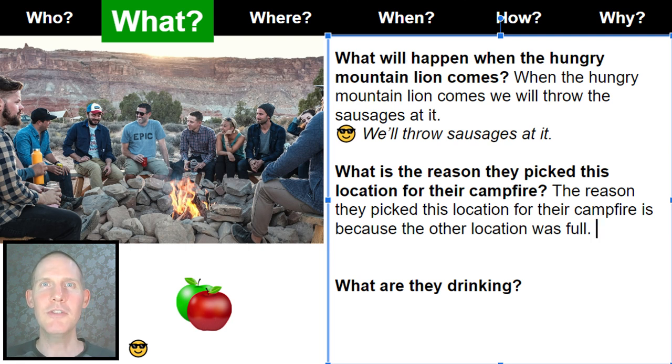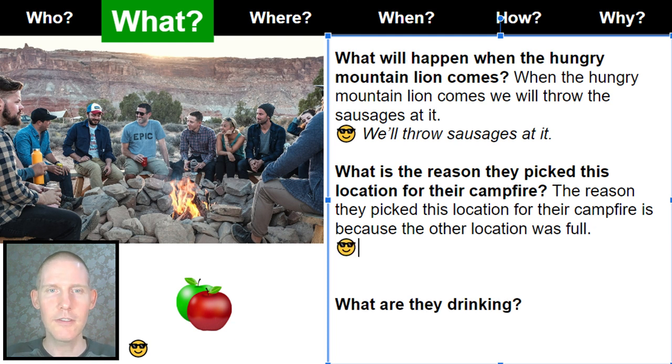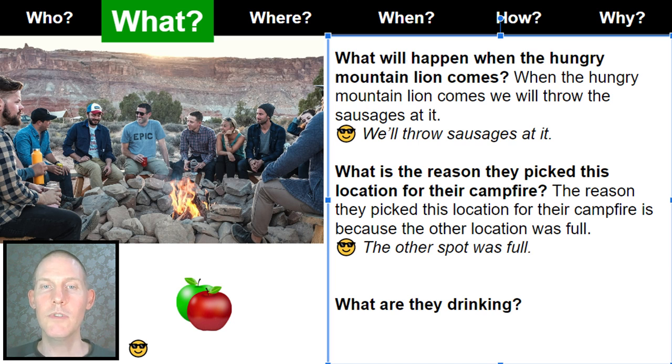And this location is close to mountain lions, right? All right, so short answer, what is the reason they picked this location for their campfire? You could say the other spot, this is a full sentence, the other spot was full, right? And when we say the spot, we just mean the other location, right? That spot was full, so we came here.